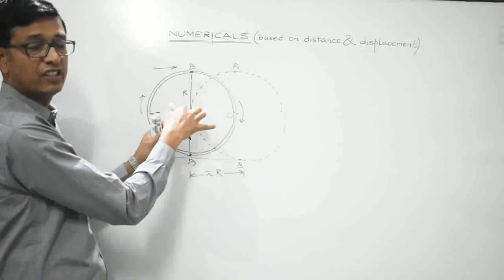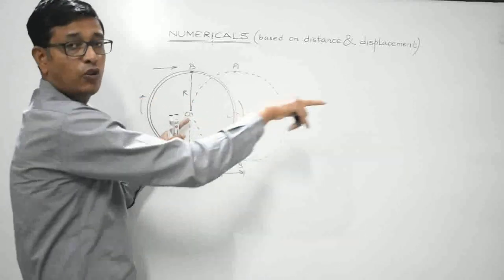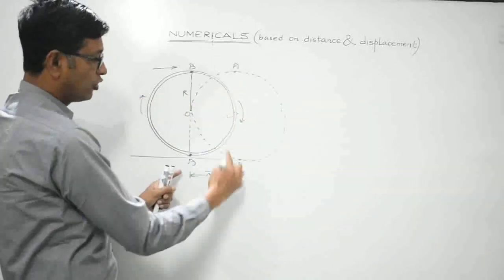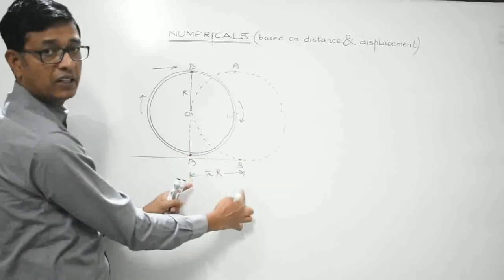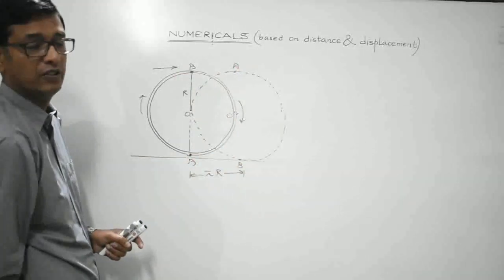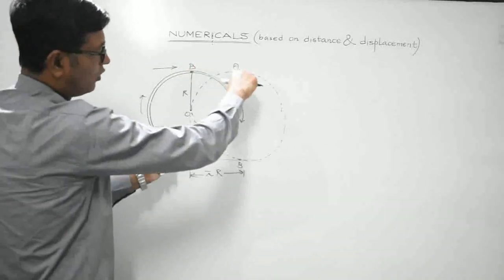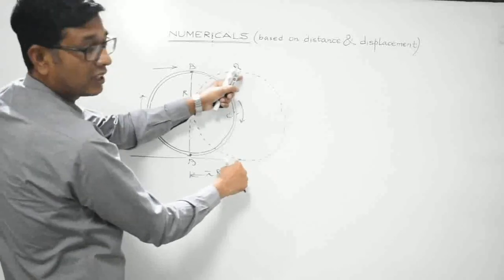It is not stationary. It is not rotating about its own axis. In fact, it is moving forward. So points A and B will interchange their position after half the revolution. This is point A, this is point B. So as it revolves, it will be like this.